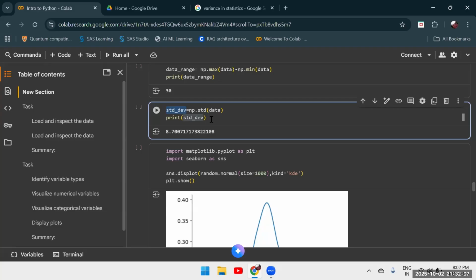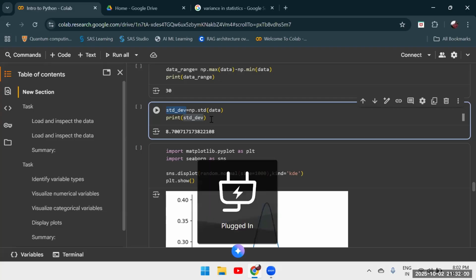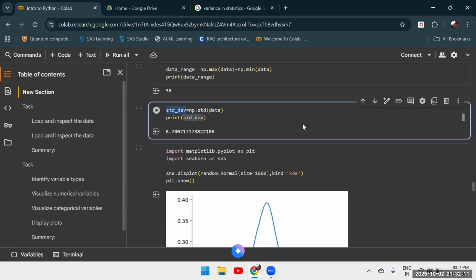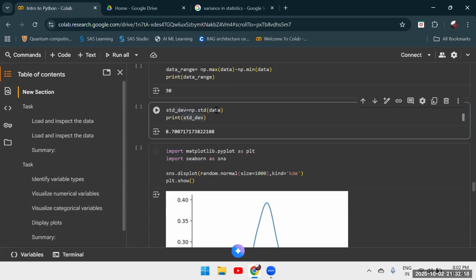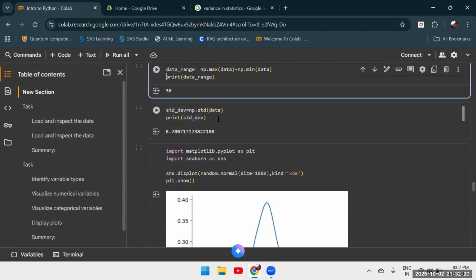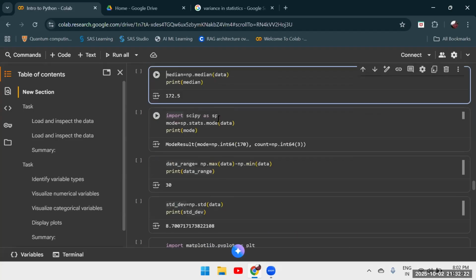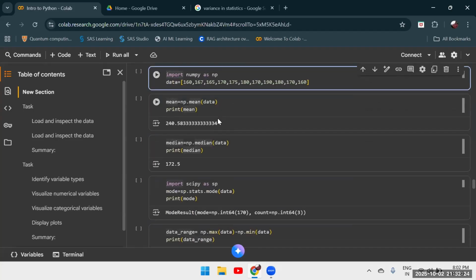np dot standard deviation. So for the same data we used for yesterday's example, here we found the standard deviation. The same way, let's make use of the same data.